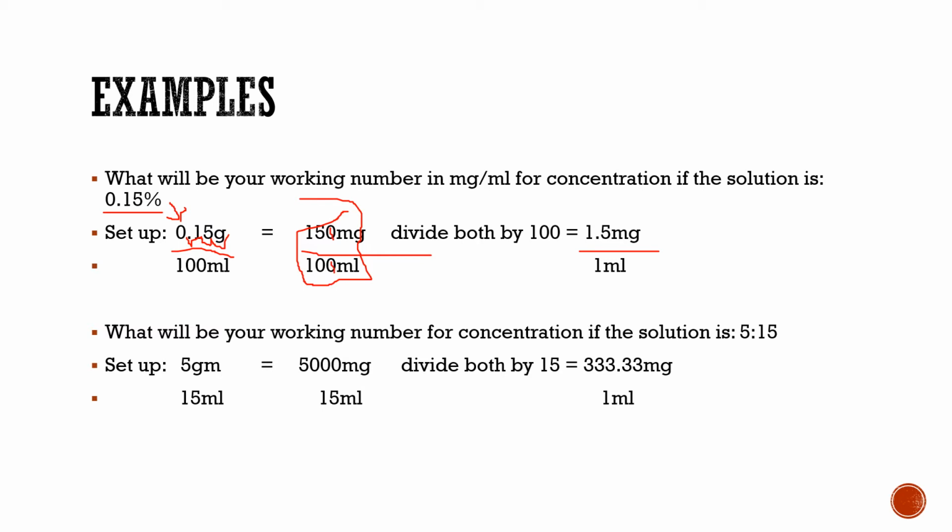So your working number then is 1.5 milligrams per 1 mil. This makes more sense. That's all you're doing, you're converting that. You're not doing the drug dose volume thing right now. You're just trying to get your working number.